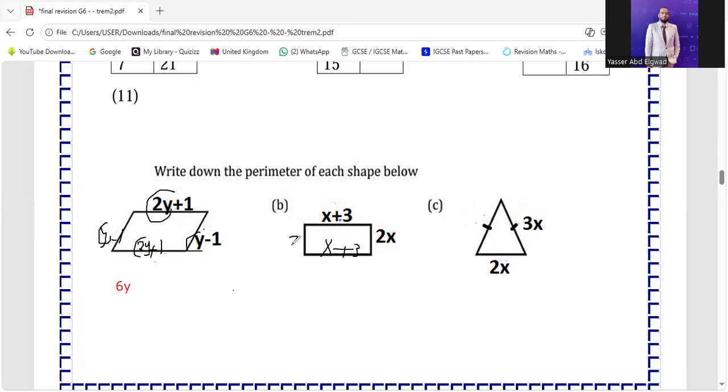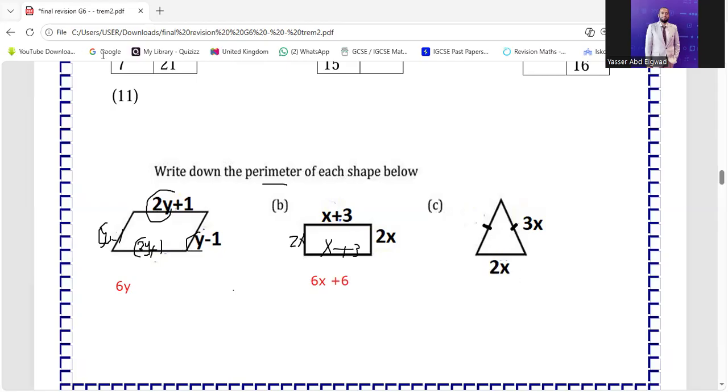Concentrate, it is perimeter, not area. Area multiply, perimeter add. If you add them, we get x, 2x, 2x, which is 6x. And if you add 3 plus 3, we get 6. Here is the final answer, 6x plus 6.